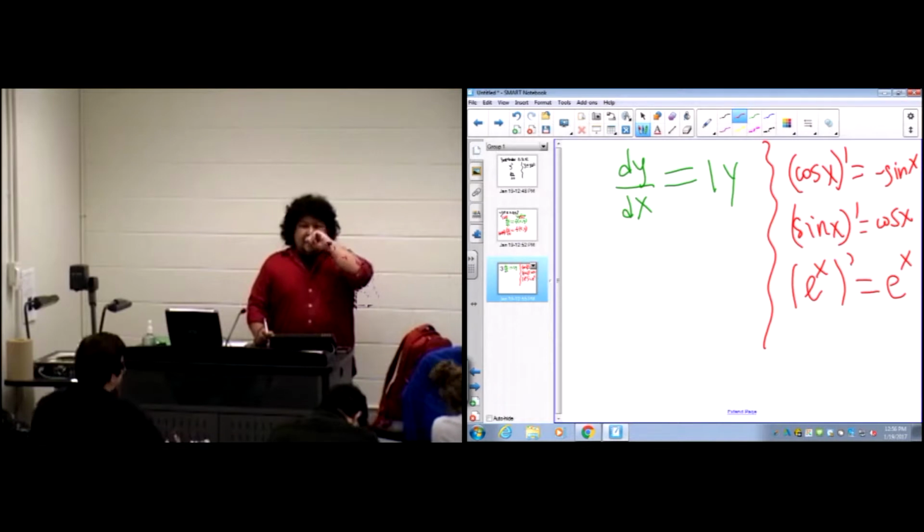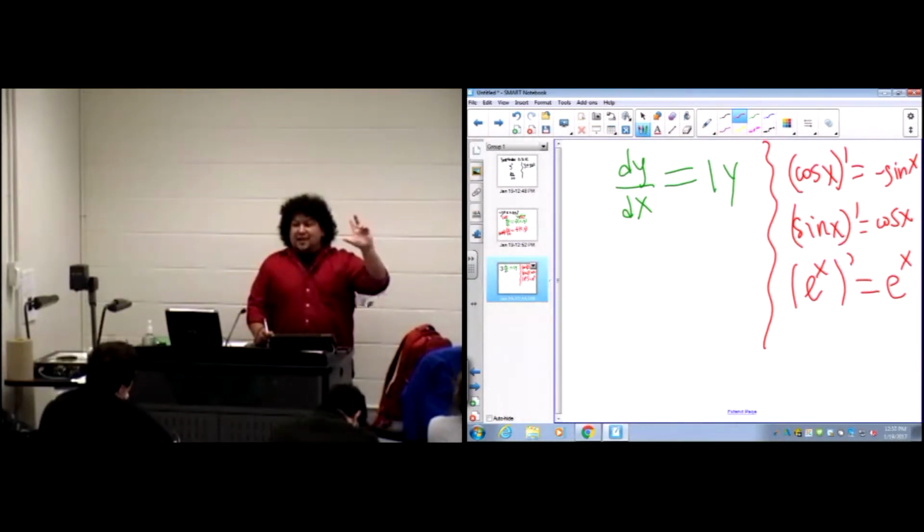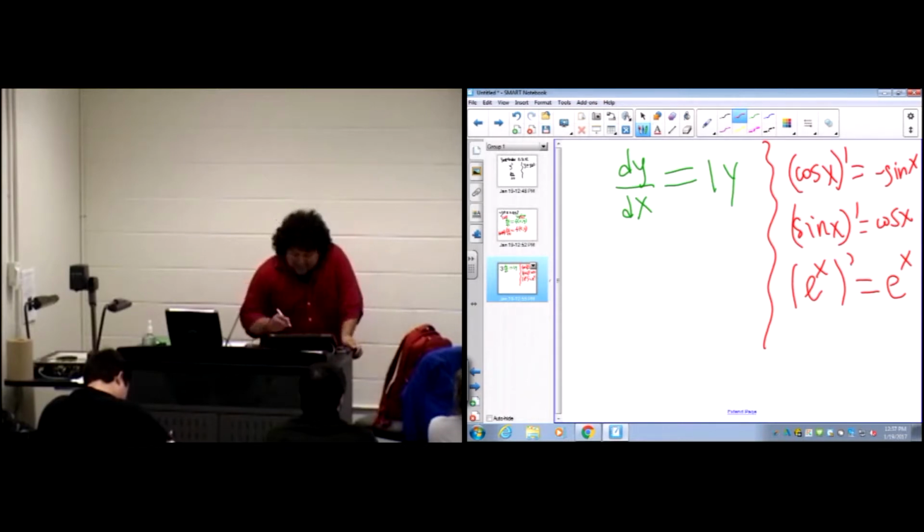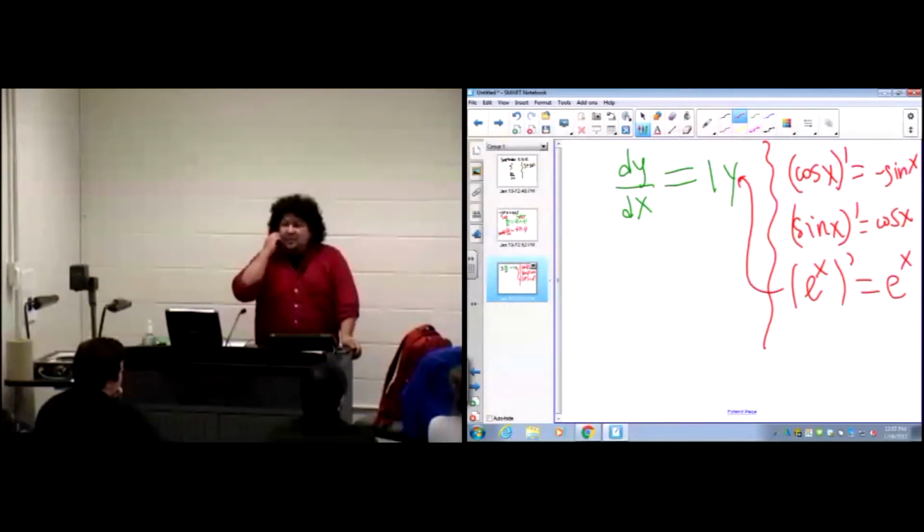So the derivative of the function e to the x is e to the x, meaning that we're differentiating with respect to x. So if we think that learning the derivatives of sine and cosine is easy or straightforward, you can definitely not complain about learning the derivative of e to the x, because there's nothing to learn. The derivative of that function is the same function.